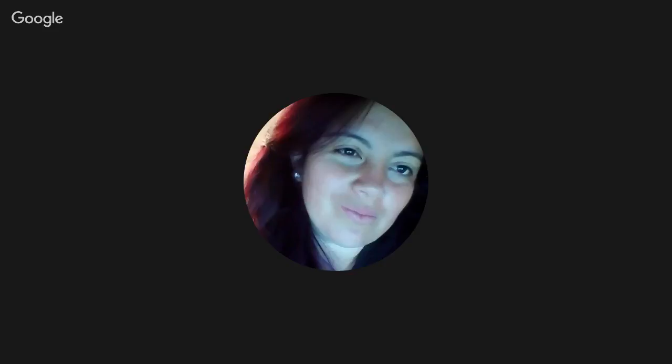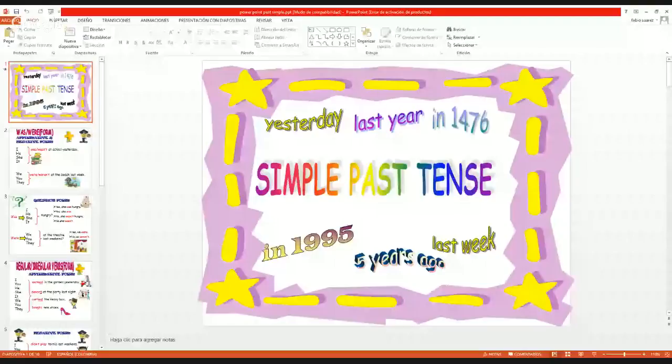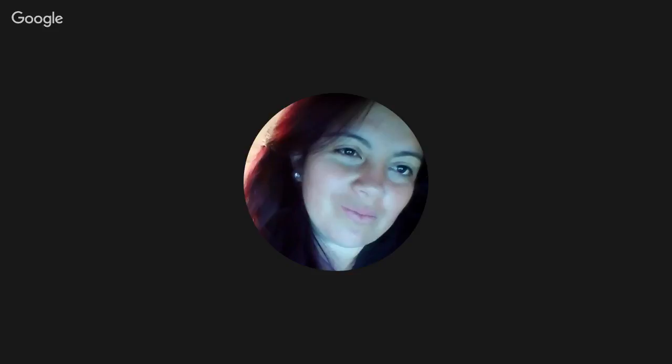Here we have the other verbs different than verb to be. For example, here we have a regular verb, another regular verb, other regular verb, and an irregular verb. You see that in all pronouns you can use the same structure. So you say I worked, you worked, he worked, she worked, it worked, we worked, you worked, they worked in the garden yesterday, or danced, or carried, or walked.